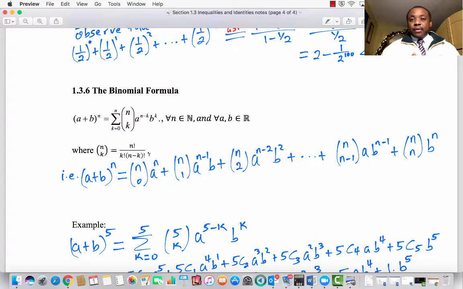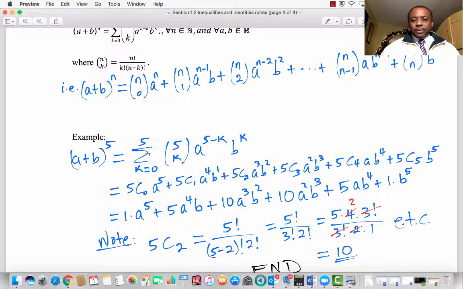Now recall that with factorials, 0 factorial equals 1 factorial, and that equals 1. And n factorial equals n times n minus 1 times n minus 2 times, down to, 3 times 2 times 1. For example, 5 factorial is 5 times 4 times 3 times 2 times 1.